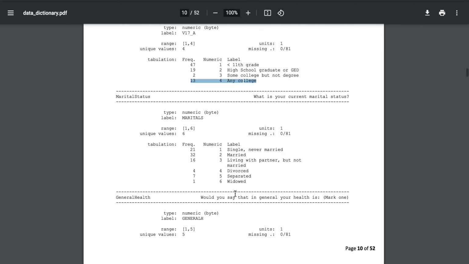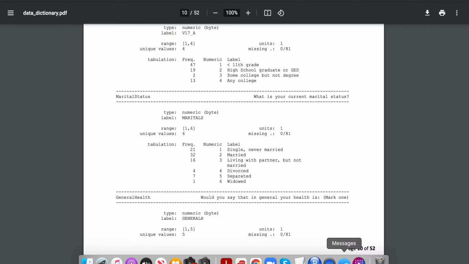Then we have marital status. Again, it's numeric, but here we don't have any order. There is no natural ordering. We could easily switch the order between these categories and use different numerical values.